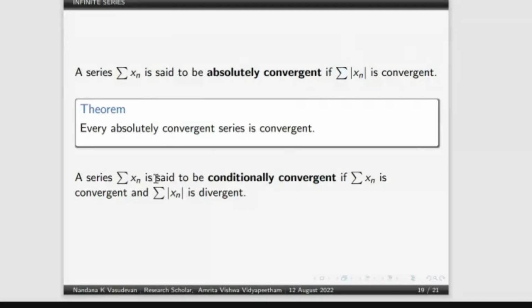A series xn is said to be conditionally convergent if the series is convergent and the series mod xn is divergent. That is, when we were checking summation mod xn, it turned out to be divergent, right? But when we check it using the Leibniz test, the series is found to be convergent. That is where we say that the series is conditionally convergent.